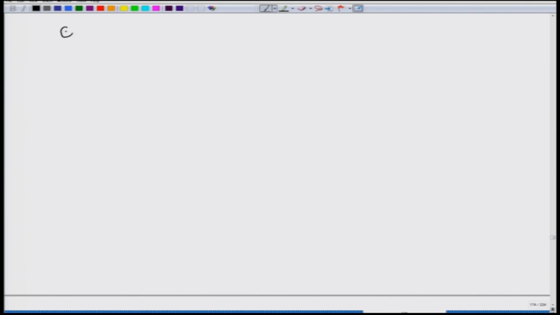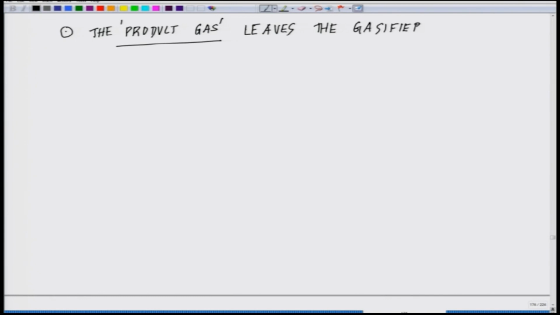The second salient point is that the product gas, which is your actual product you are looking for, leaves the gasifier unit at a temperature of around 900 to 1000 degree centigrade.